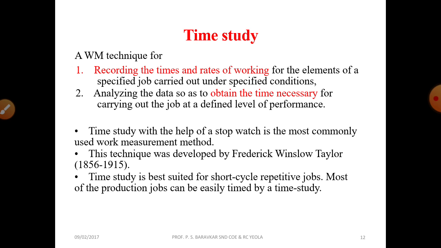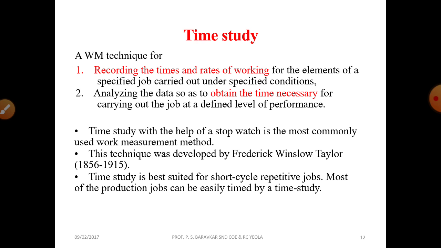Next point is time study. Time study is a work measurement technique for recording the time and rate of working for the elements of a specified job carried out under specified conditions, and analyzing the data so as to obtain the time necessary for carrying out the job at a defined level of performance.